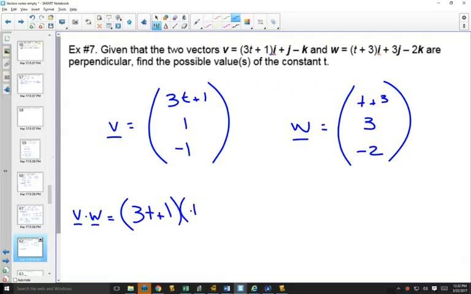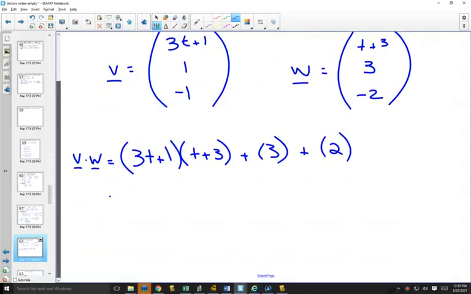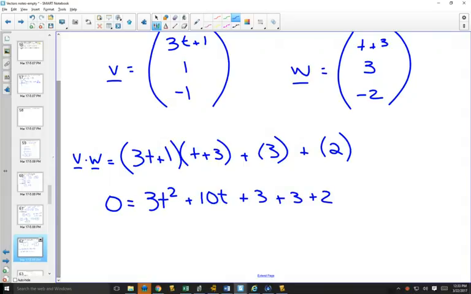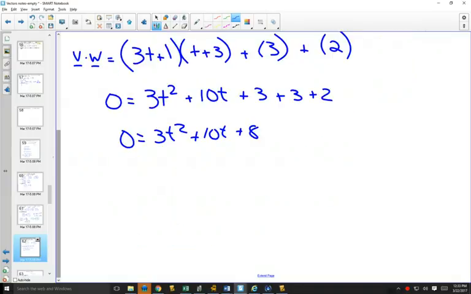That would be our x coordinates multiplied together, our y coordinates multiplied together, and our z coordinates multiplied together. Everything added up, and we know that that's equal to 0. So I'll get 3t squared plus 10t plus 3 plus 3 plus 2, or 3t squared plus 10t plus 8.